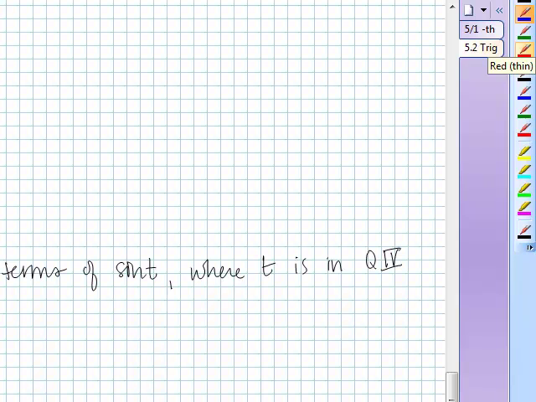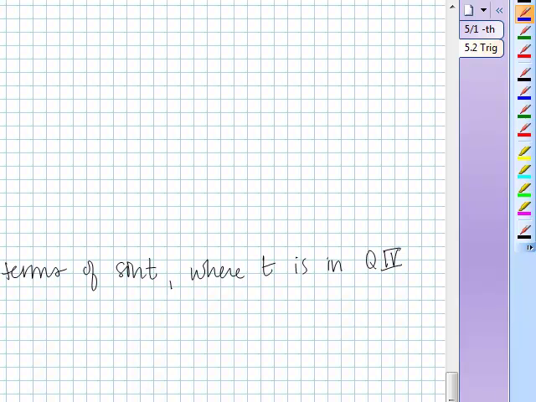So, for example, if you're asked to write the tangent of t in terms of sine t, where t is in quadrant 4, what you need to do is figure out how you can manipulate one of these trig functions to write tangent t.